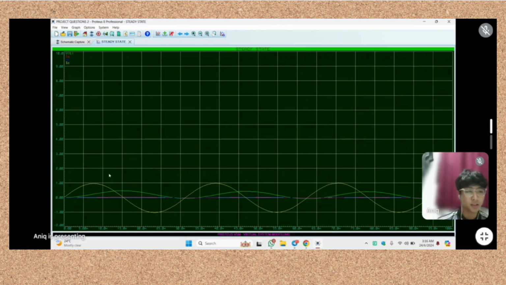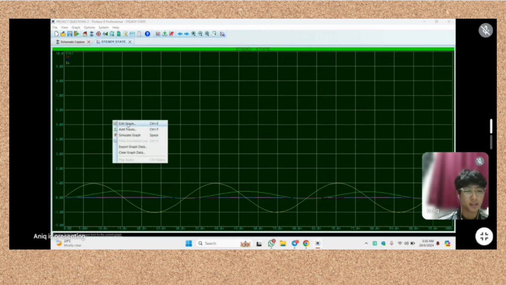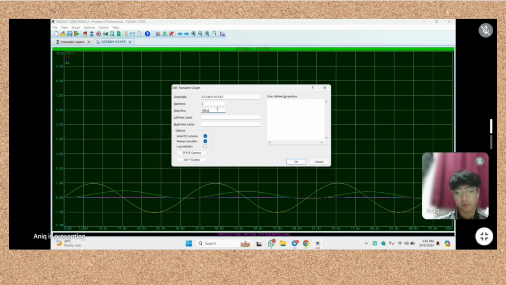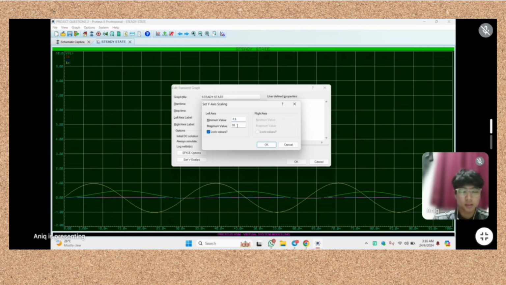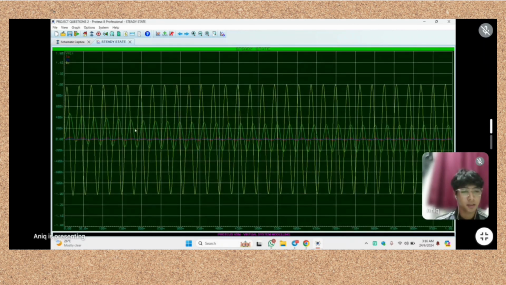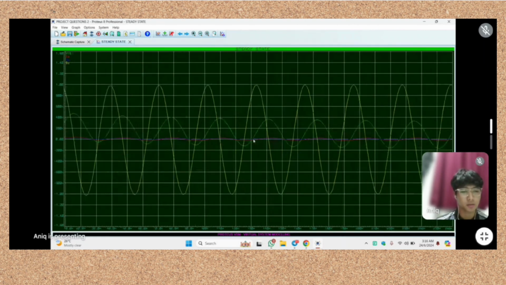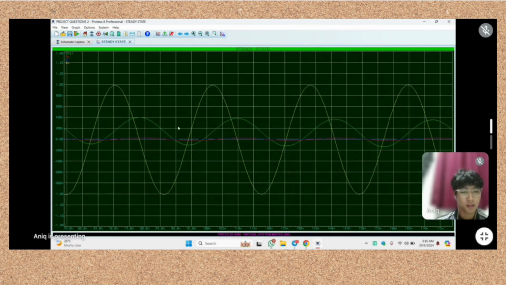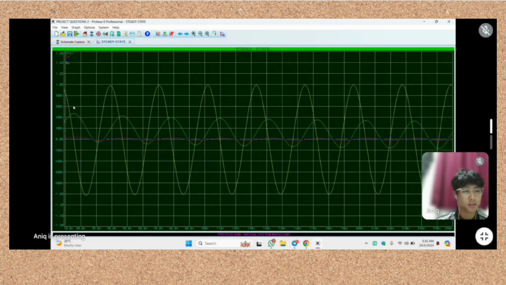If we need to see more detail, we just change the stop time to 1 and the Y scale to a small value, so we can see the difference in the circuit. We can also use the mouse to zoom in for more detail. So this is the difference between VT, IA, IB, and IC.